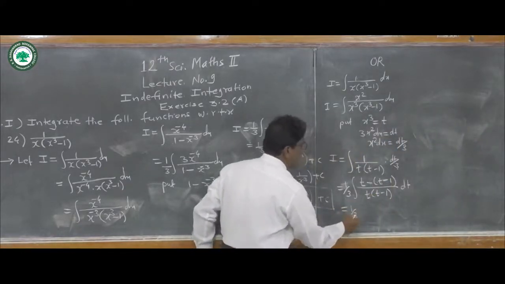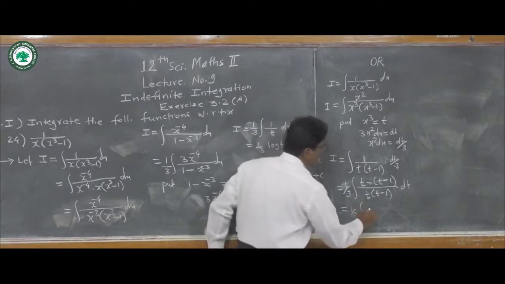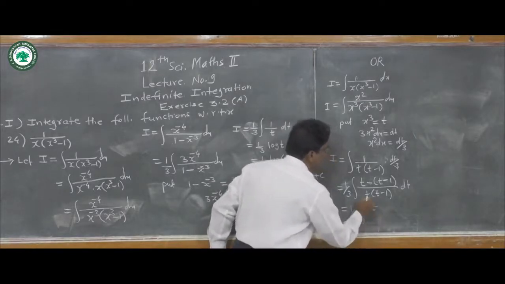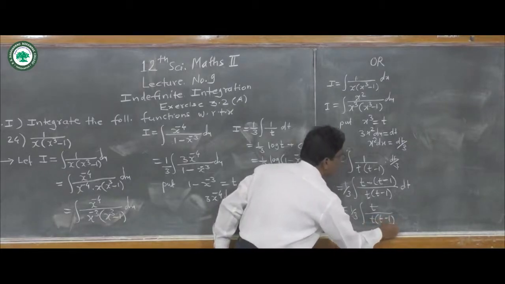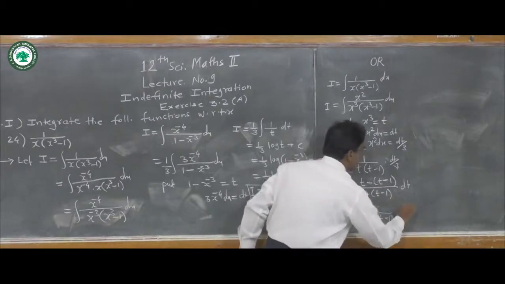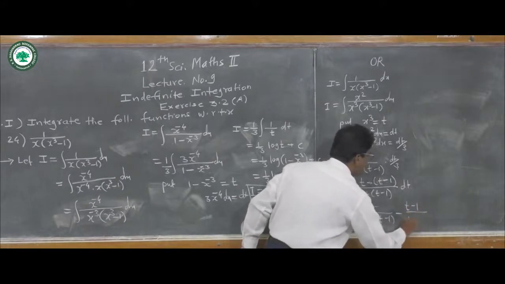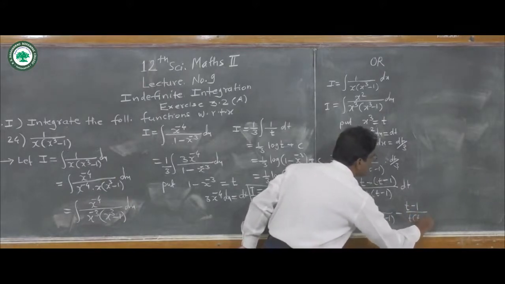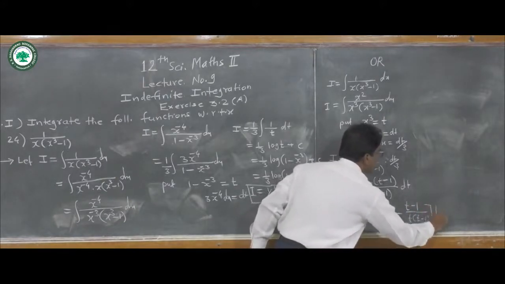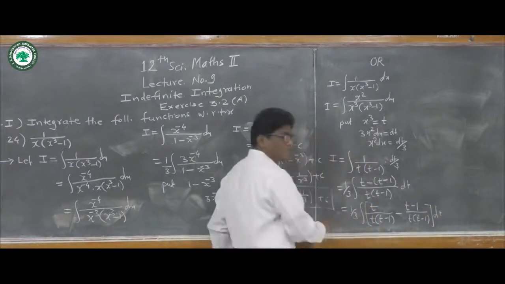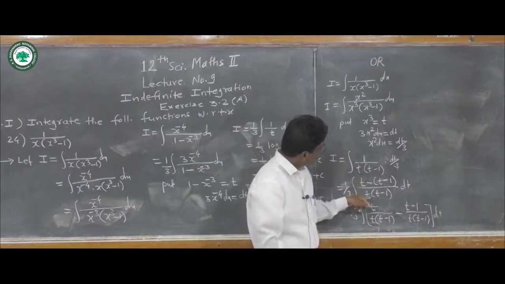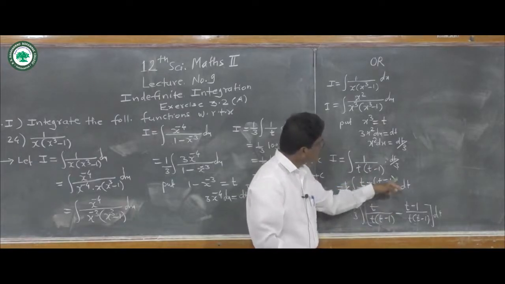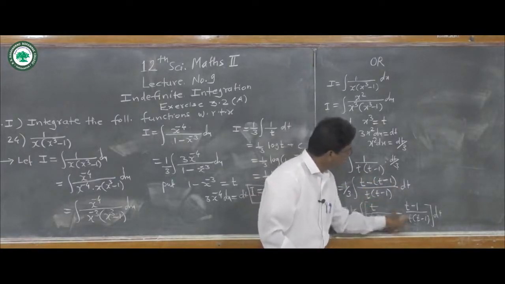So 1 upon 3 integration of t upon t into t minus 1, minus t minus 1 upon t into t minus 1 into dt outside the square bracket. We take separate division. We divide this t by the denominator, minus this numerator divided by the same denominator.